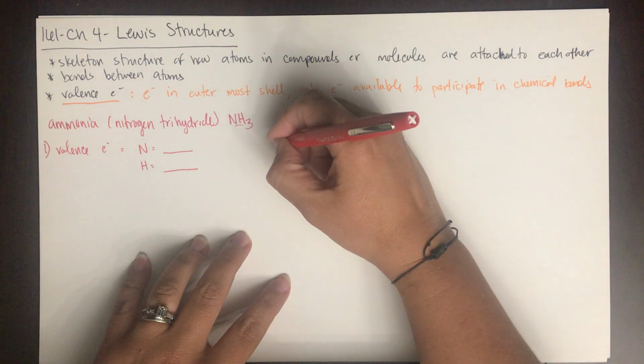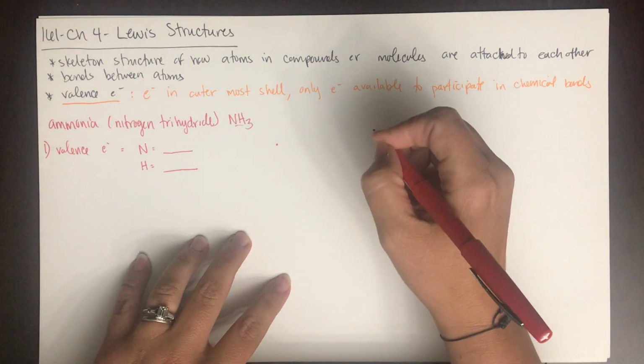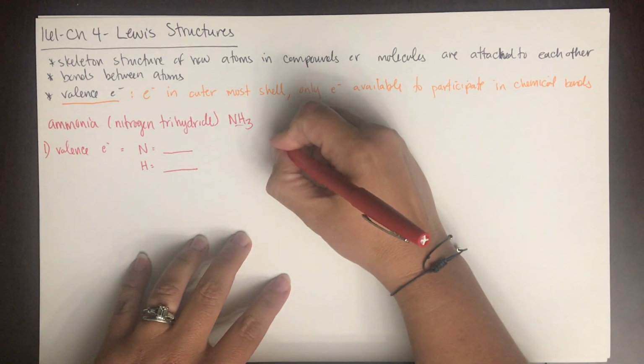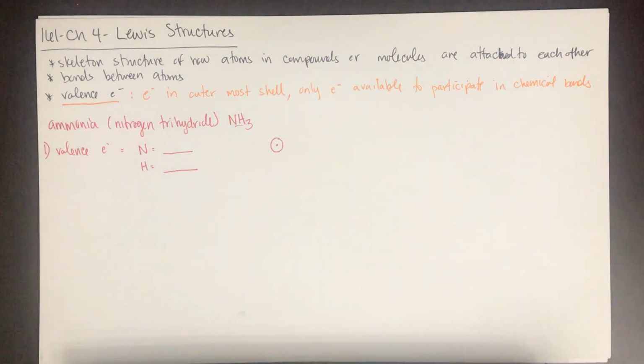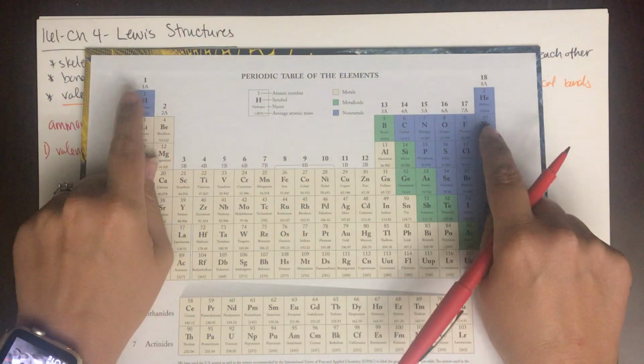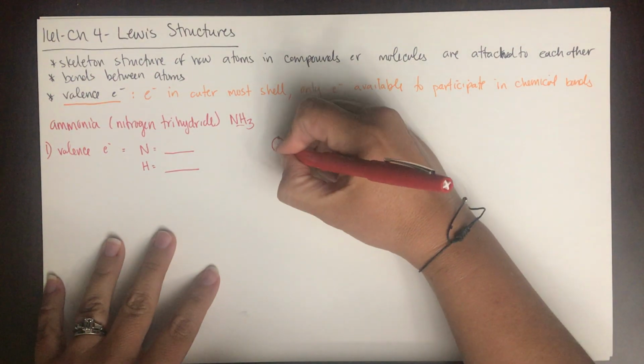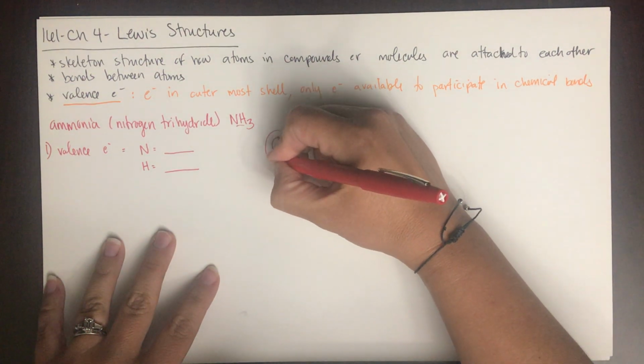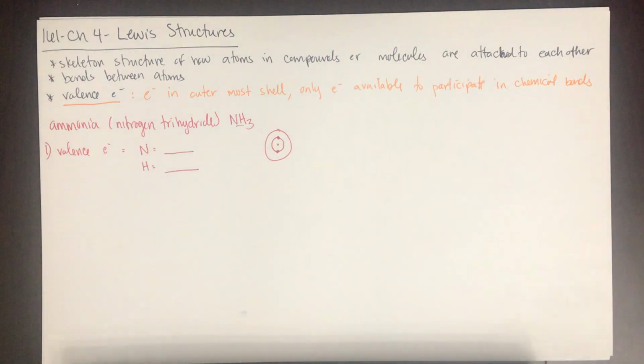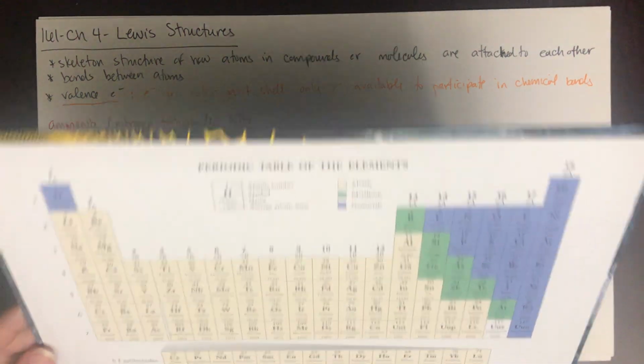Nitrogen has a nucleus where the protons and the neutrons live. And then it has shells. The first shell, remember, has room for just 2 electrons. The next shell has room for 8 electrons, but nitrogen itself only has 7 total electrons.